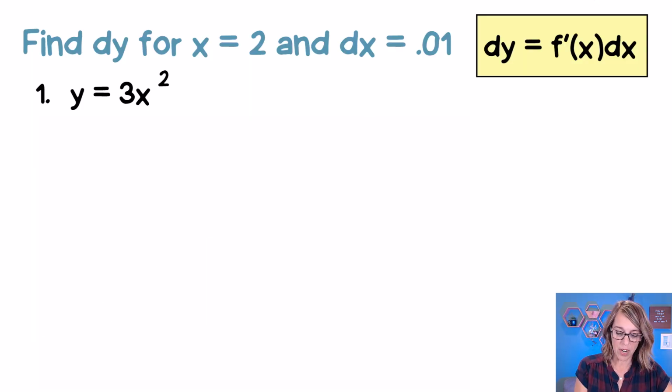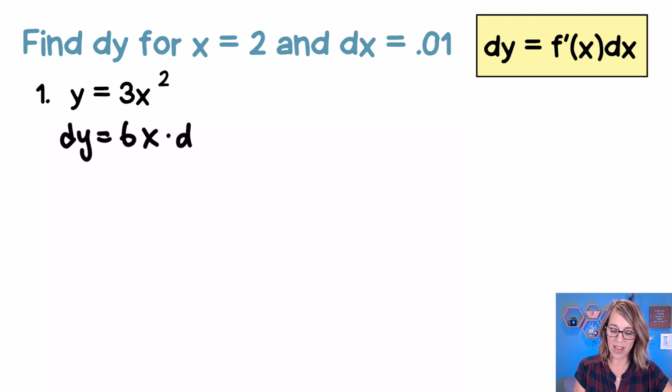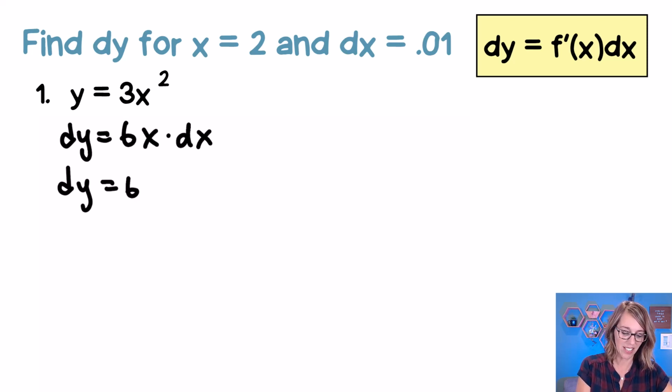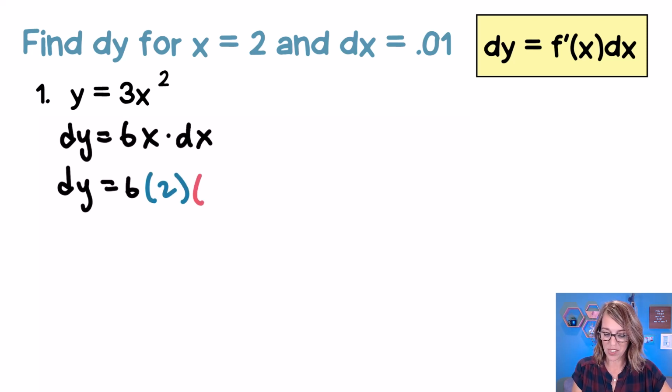So as I'm doing my differential, dy is equal to the derivative of my function. Power rule gives me 6x times dx. So as I'm solving for dy, I'm going to put in for x that 2. So equals 6 times my x value, which is 2, times my dx value, which is 0.01.